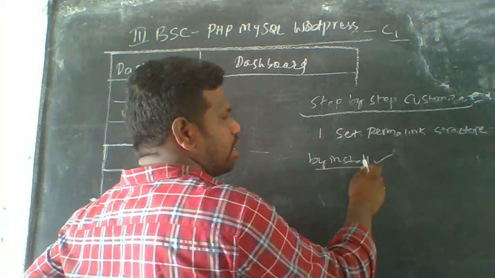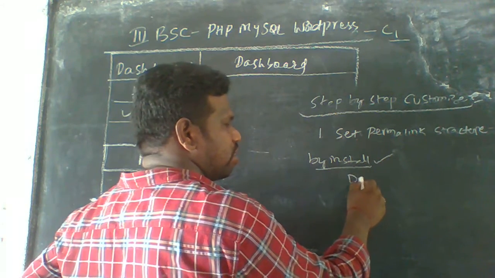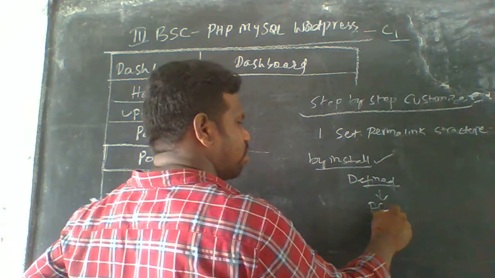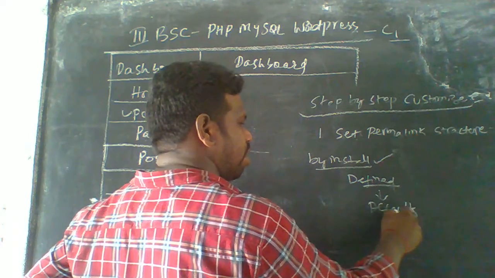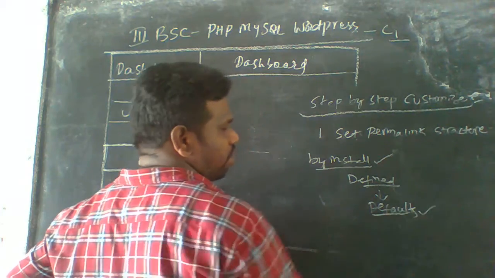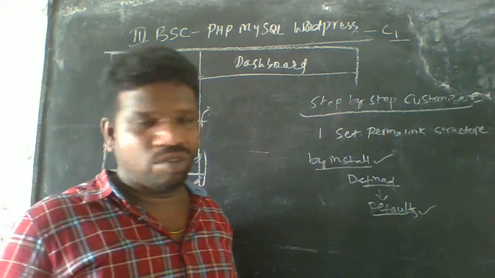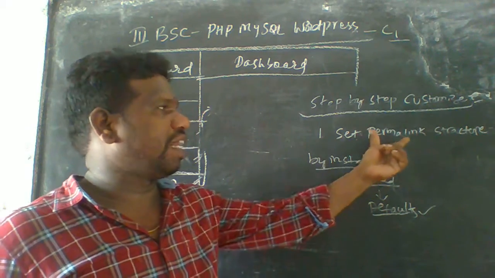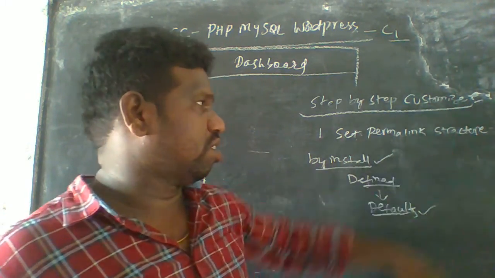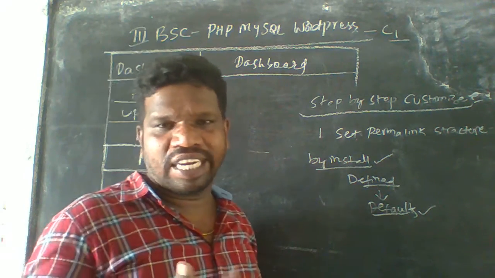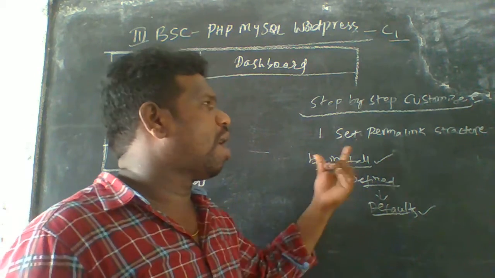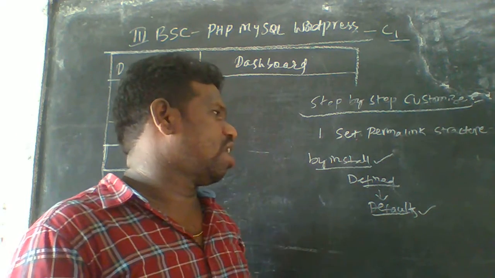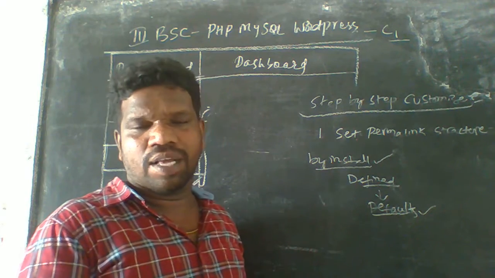It is defined by WordPress by default. The default settings will be available in this permalink structure. If you want extra permalink structures, you need to install them as you wish, as user defined permalink structures.